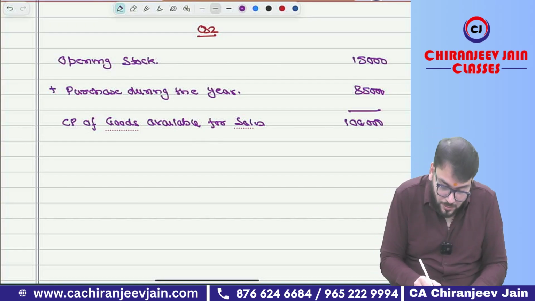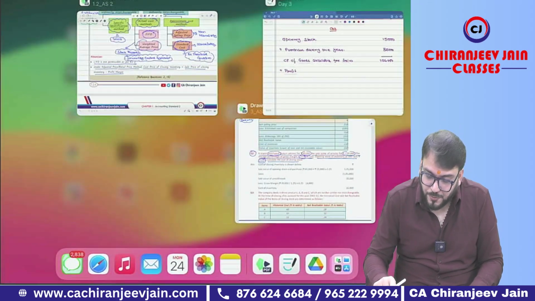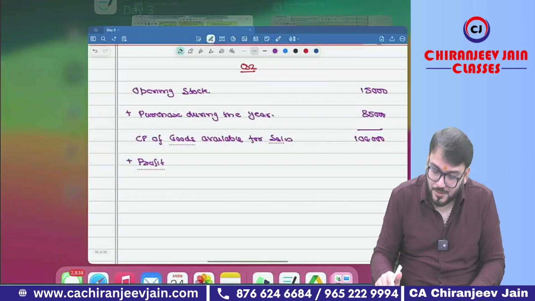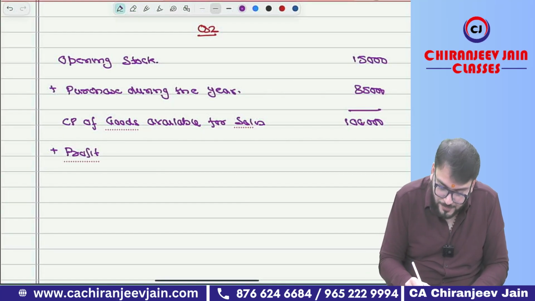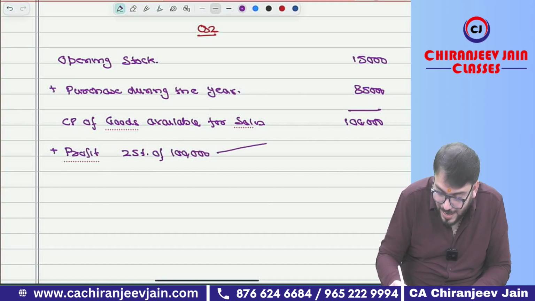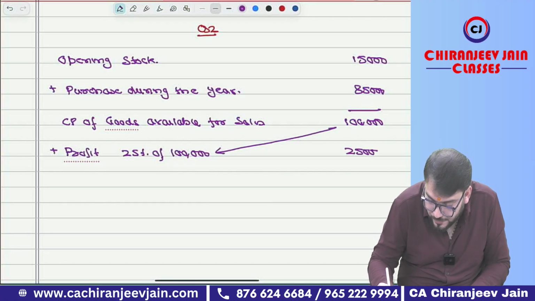Now, if in this I add profit. What is the profit? They have given 25% of cost, and this is also cost only. So 25% of 1 lakh, 1 lakh is the cost, so directly we can apply. This is 25,000.